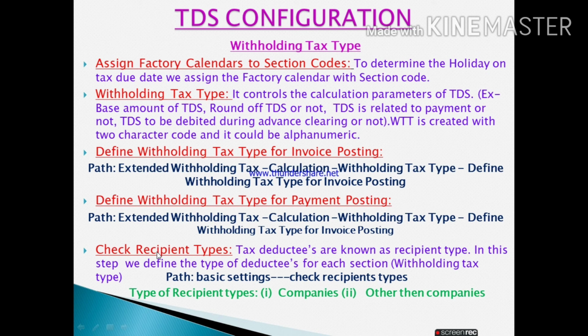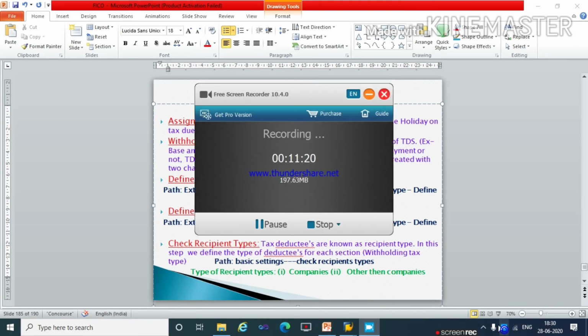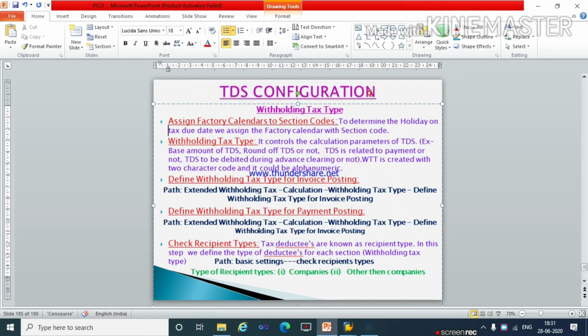Next is check recipient types. What is check recipient types? Friends, tax deductees are known as recipient types. In this step, we define the types of deductees. If the deductee is our company or other than company, it may be your company or it may be other than company.